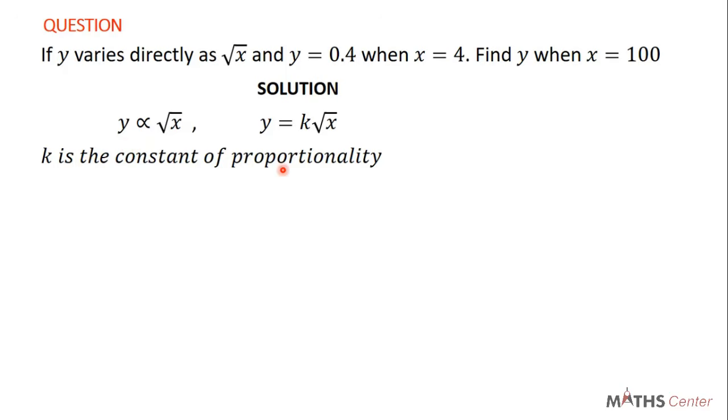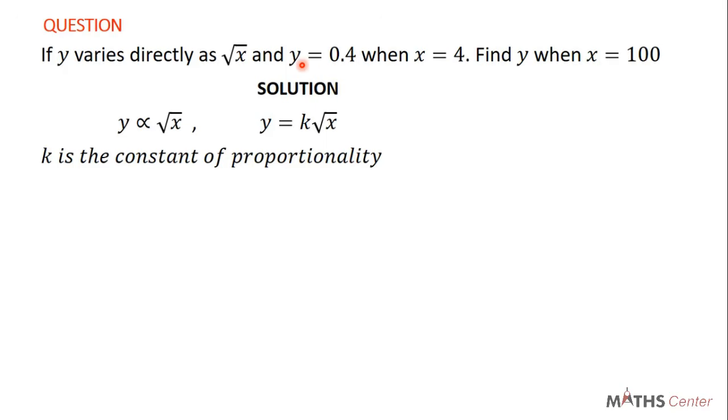So I'm going to multiply the square root of x by k. Then I will change the proportionality sign to an equal to sign. So y is equal to k times square root of x, which is the same as k square root of x. So this is the expression that we are going to use to solve this question.